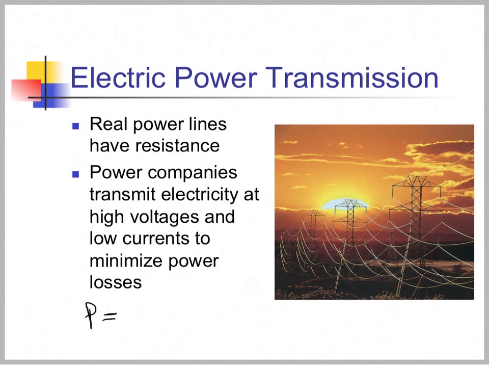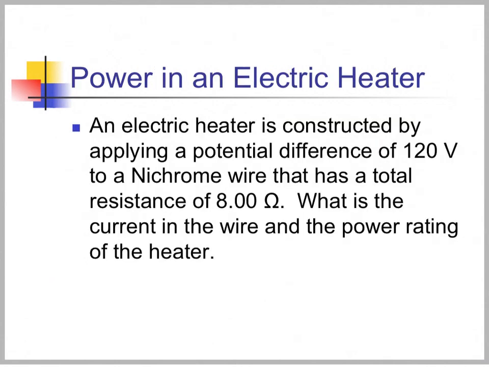Since power is equal to IV, which we said was I squared times the resistance, given a certain resistance, if I have high voltage, I have lower current. And by minimizing that I squared, by having small currents and high voltages, I minimize the power loss in those power lines.